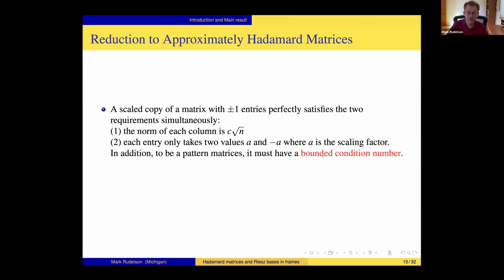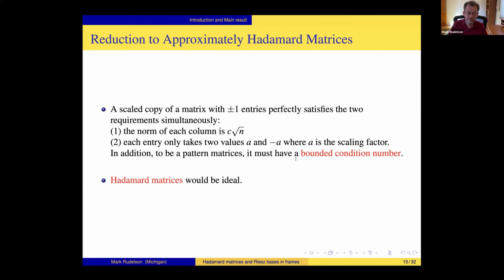And the second requirement, which makes the thing this difficult, is that the condition number of this matrix should be bounded, ideally bounded by some nice small number. And there are such matrices, Hadamard matrices.